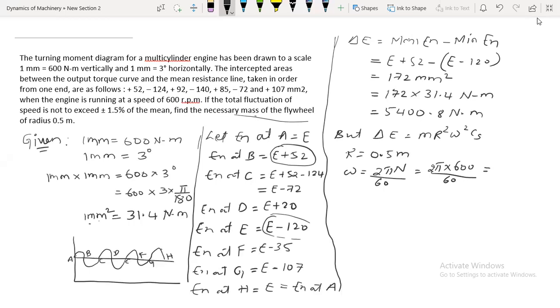So 2 pi into 10 will be 62.8 radians per second. Okay, 62.8 radians per second.